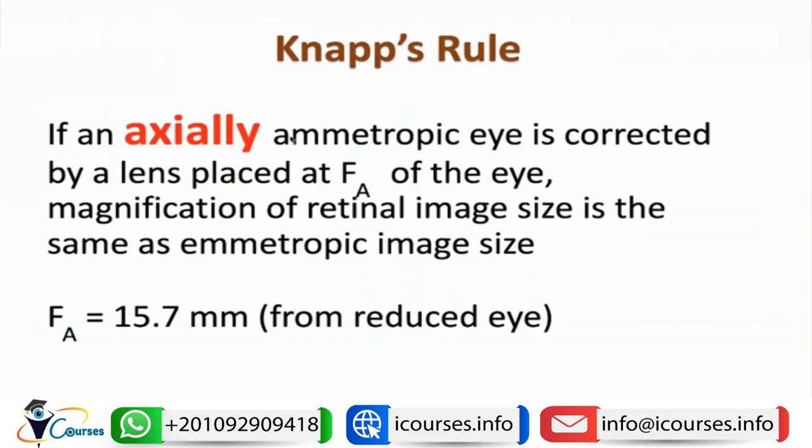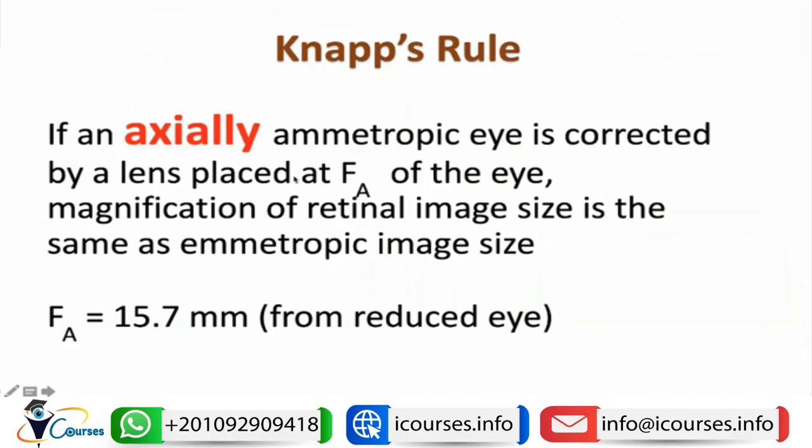Let's remind you of Knapp's rule that we mentioned in the last lecture: if an axially ametropic eye is corrected by a lens placed in the anterior focal point of the eye, the magnification of the retinal image size is the same as the emmetropic image size.